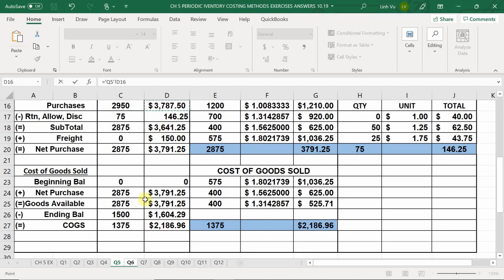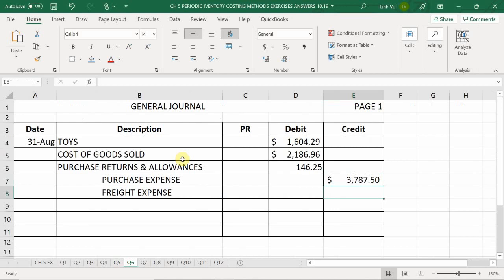Not that one. Total purchases, that's the subtotal. What was my total purchase price of everything that I brought? 3,787.50. Good, right?